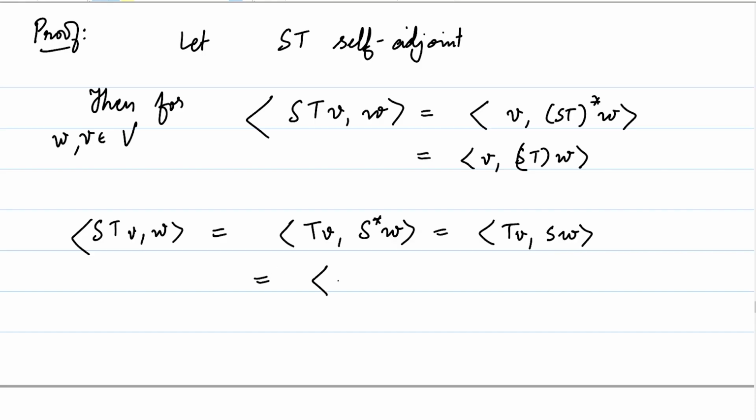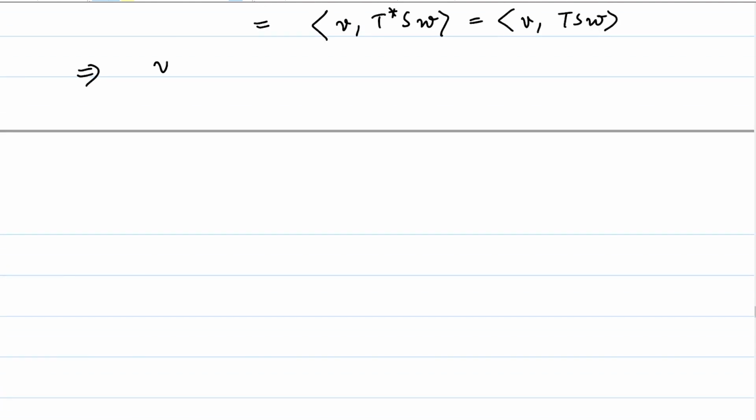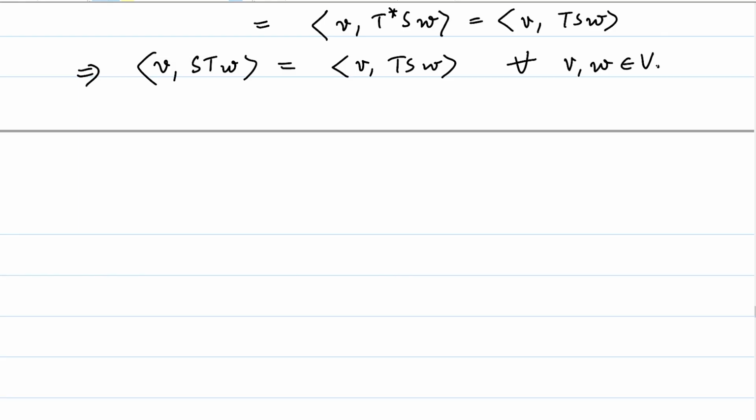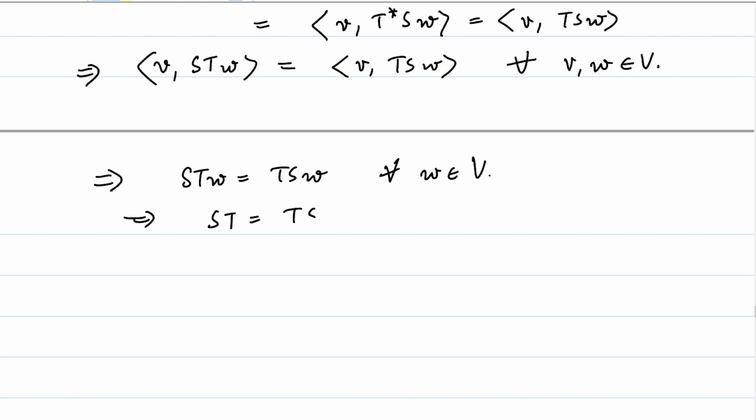But this is also the same as V comma T star SW, which is the same as V comma TS of W. That would imply that V comma STW is equal to V comma TSW for all V comma W in capital V. How we are able to conclude that STW is equal to TSW for all W follows by the uniqueness. This argument has been done many times, and therefore from this we will be able to conclude that ST is equal to TS.